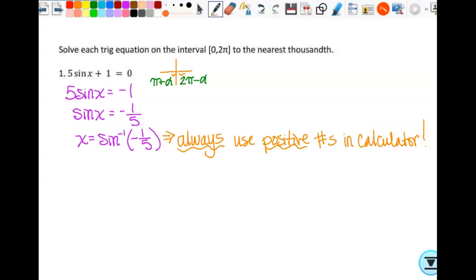So do shift sine 1 divided by 5. And we get that alpha then is about 0.201. Something, right? Now, we're going to have to use this more than once, so we want to store it.